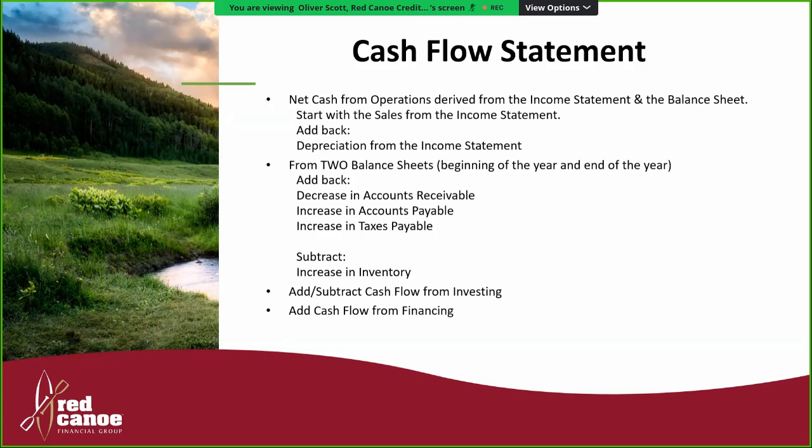You add back the decrease in accounts receivable because that's money that you were paid, the increase in accounts payable because that's money that you held onto, and the increase in taxes payable. That's money that you owe for taxes, all right? And you subtract the increase in inventory because that's inventory that you purchased.